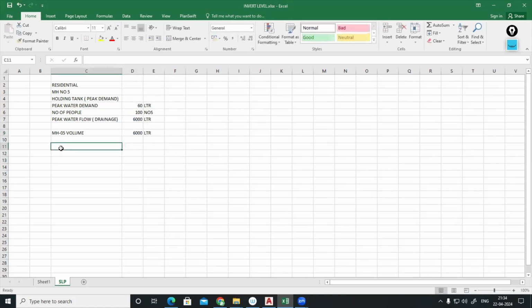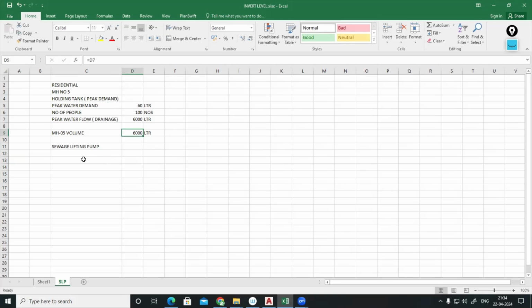But the sewage lifting pump or macerator pump flow rate depends totally upon the evacuation time of manhole number 5 only. Means once the tank has filled, within how much time we have to transfer the water from manhole number 5 to manhole number 6. Based on that, we have to select it.